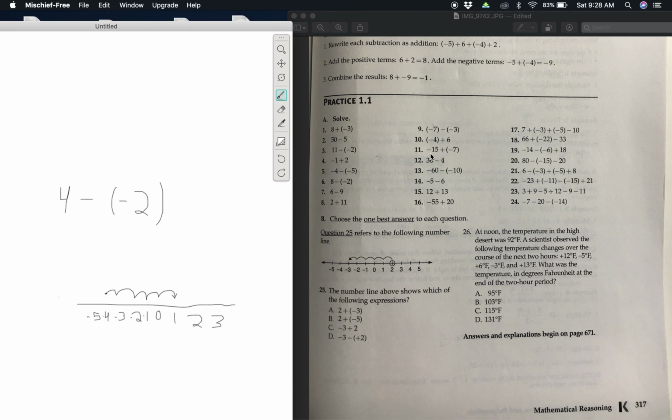Okay, so here we have number 11, -15 plus -17. So we have an already negative amount. Okay. Then we're adding another negative amount. So we go even further into the negative, which is the left side, this direction.